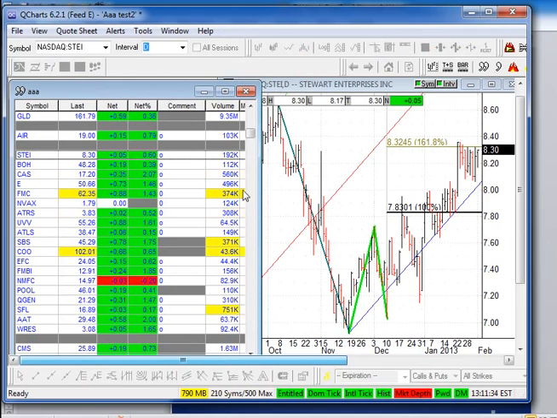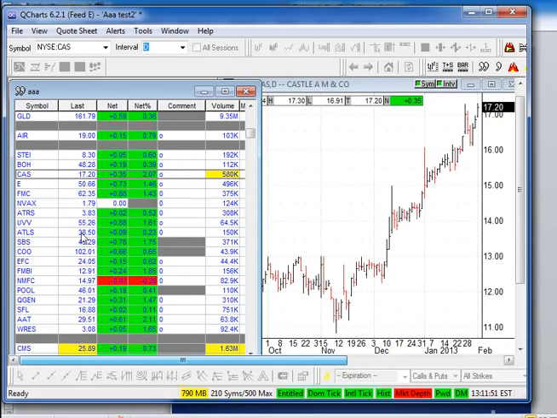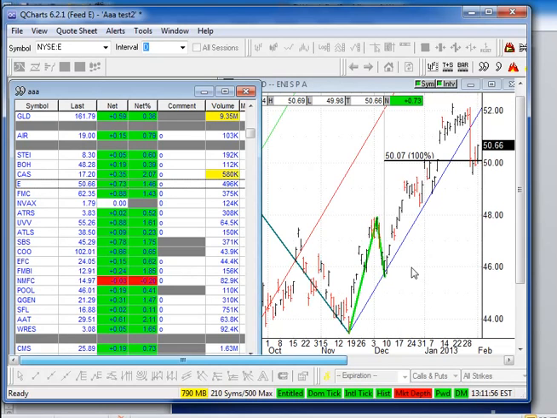Here we go. Okay, so here was the 2, and this one made it up to the 162% point, but didn't make it up to the median line. BOH made it past the median line and past the 100% point. This one here, we didn't draw anything in on. Here's something with Spain.